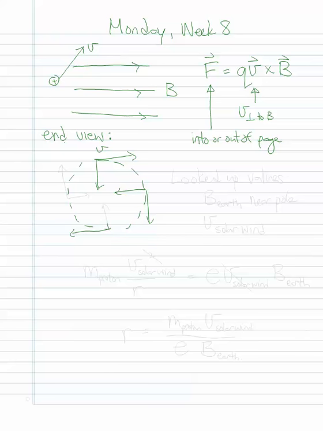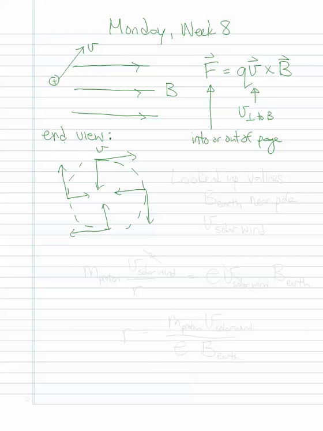And in fact, that's why it goes around. Things go around in a circle because they have an inward force. And so you get these spirals, a helix, of the particle, and that's what causes the aurora, because now the particle travels along the magnetic field towards the poles and interacts with the atmosphere at the poles.